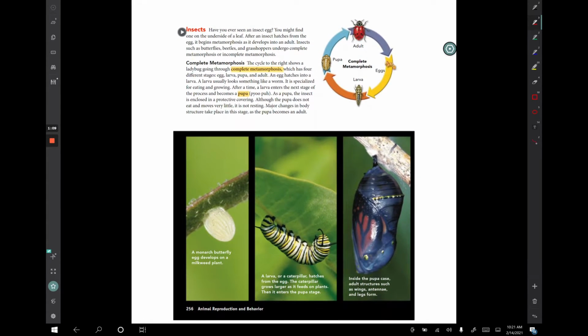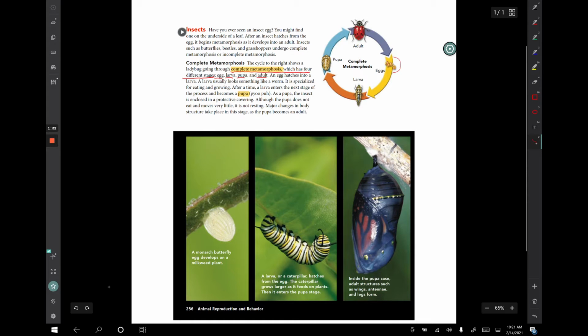So the first type we're going to look at is called complete metamorphosis. In complete metamorphosis, there are 4 distinct stages. You have egg, larva, pupa, and adult. So we see those over here on the right-hand side.